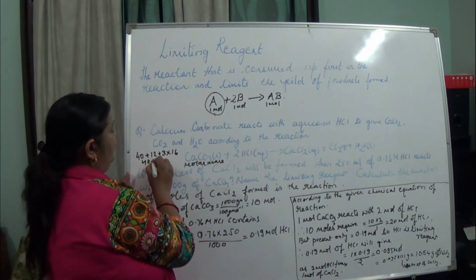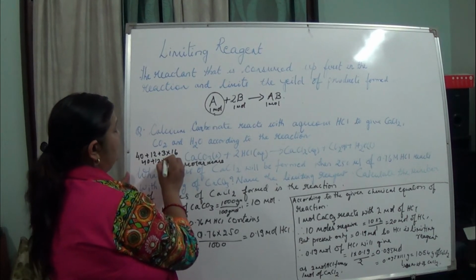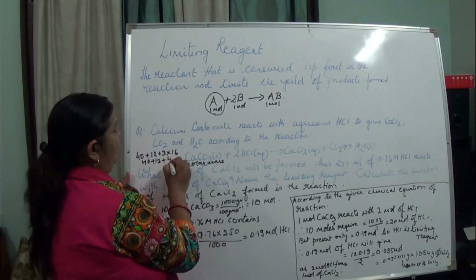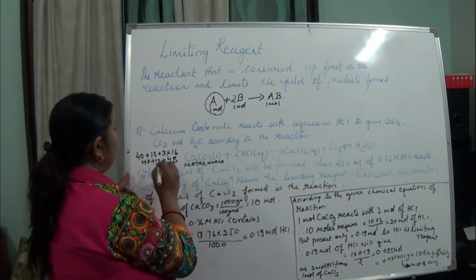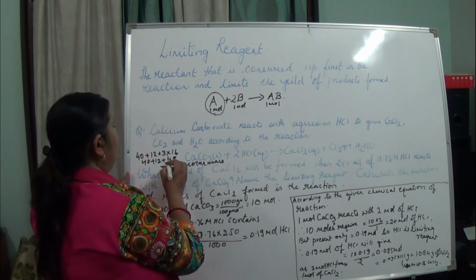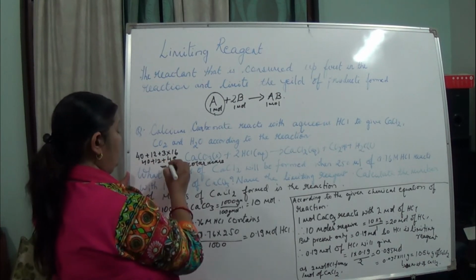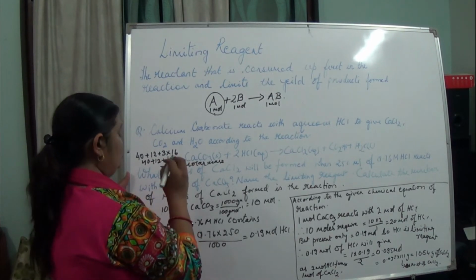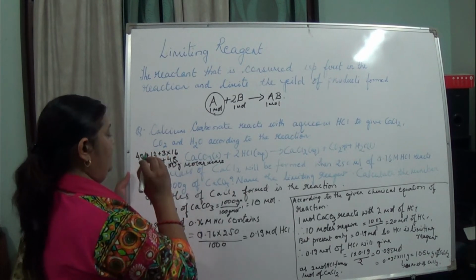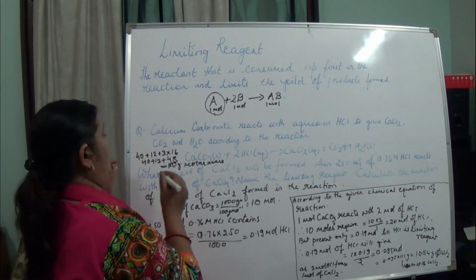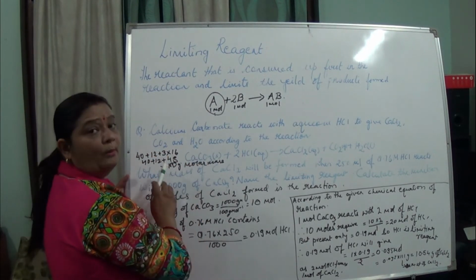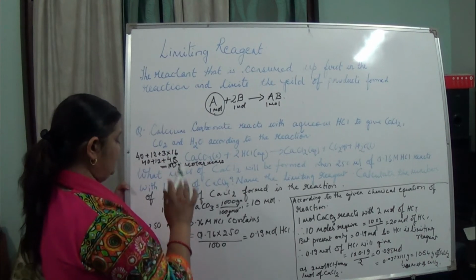So 40 plus 12 plus 48 becomes 60 plus 40, 100. So 100 grams. So 1 mole is equal to 100 grams.